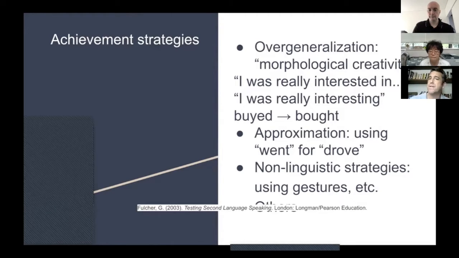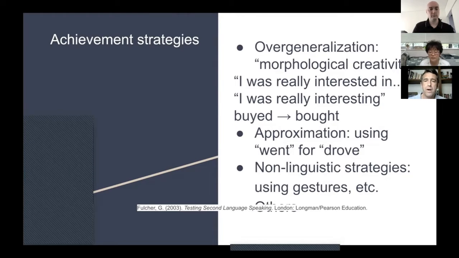And one of those is overgeneralization. I'm sure we've all heard, I was really interested in, or actually what students will say, it was interested, or they'll kind of change over the words that they should be using. They won't use that language correctly, but we can kind of get an idea of what they're trying to say.